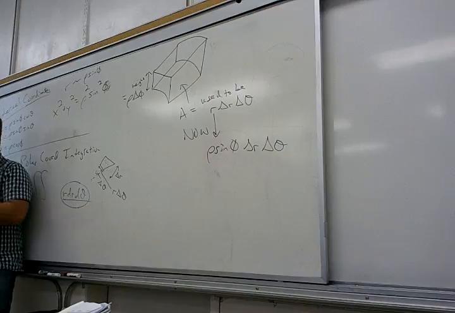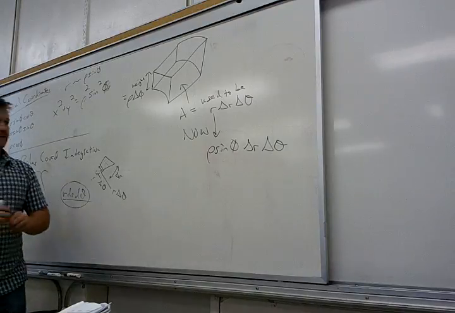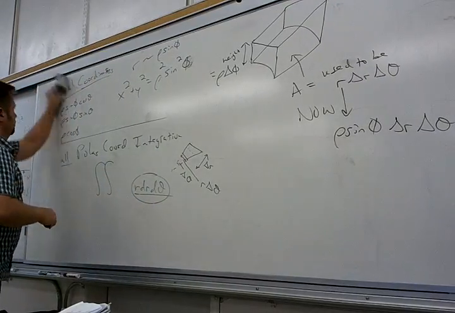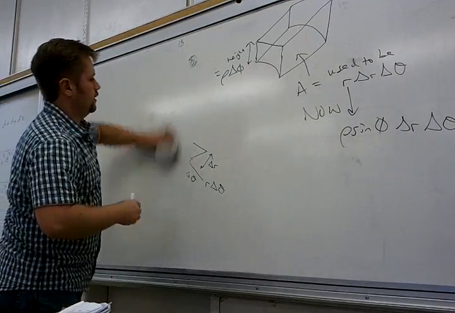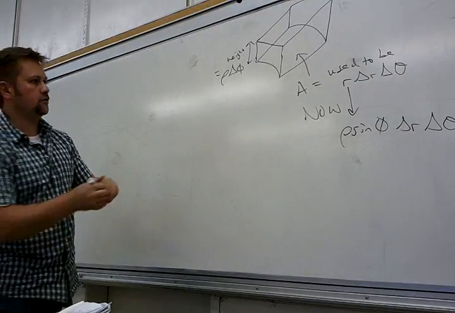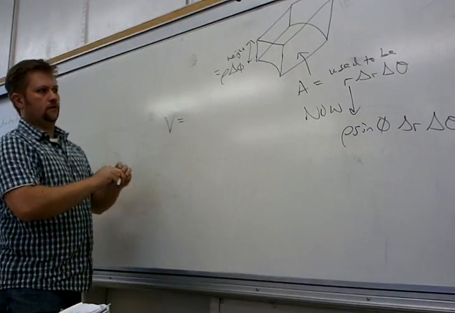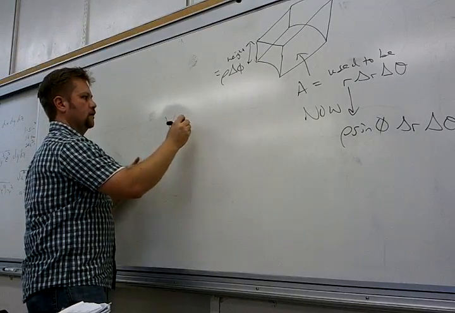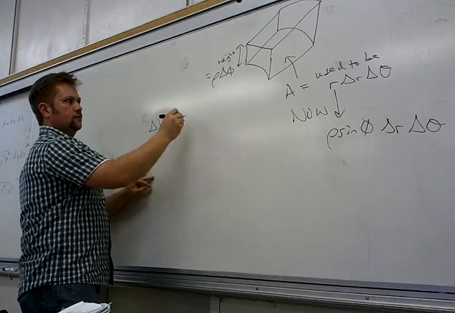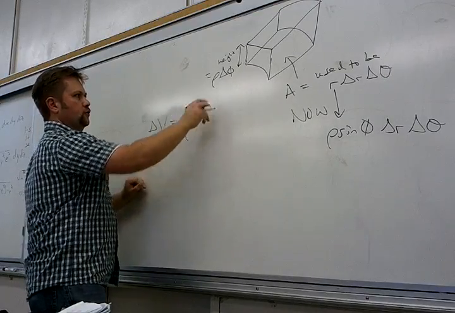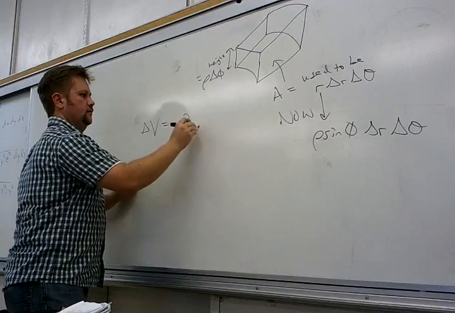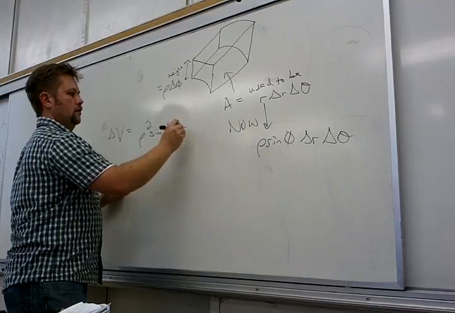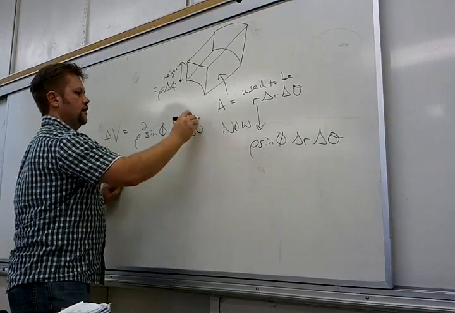Putting this all together now, the volume here is really, dV is really going to be rho squared sine phi delta rho delta phi delta theta.